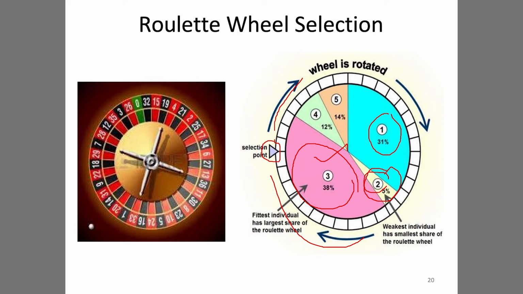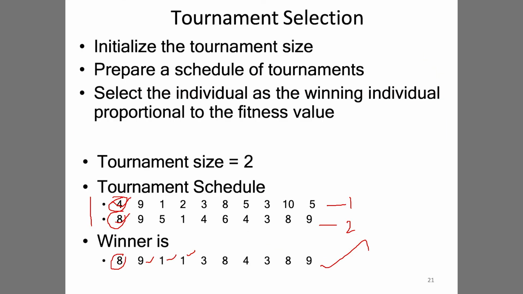So this is again the analogy of Darwin's evolutionary theory, that is, survival of the fittest. The individuals which have only a small percentage of producing the fitness value are no longer needed in the subsequent generation, and their survivability is 0. But the variable which is large enough will have the largest space in the subsequent iteration. Next, tournament selection.